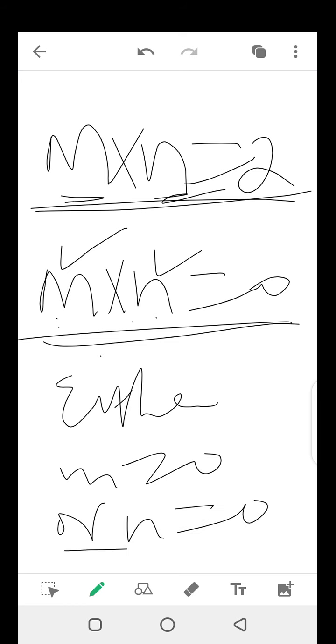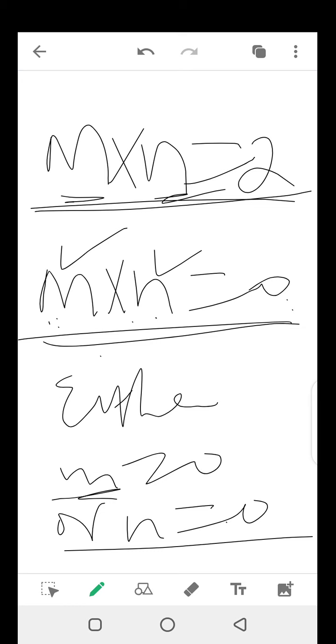Because if m is 0, even if you multiply n by 100, you will get 0. If n is 0, even if m is 10,000, you still get 0. So that is the fact that we use to be able to solve quadratic equations using factorization method.